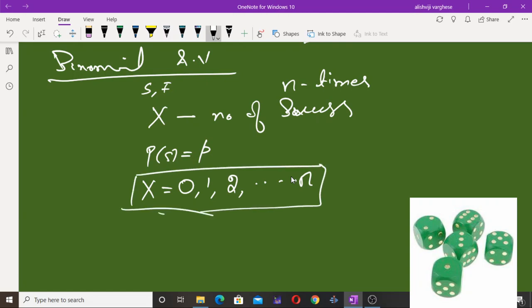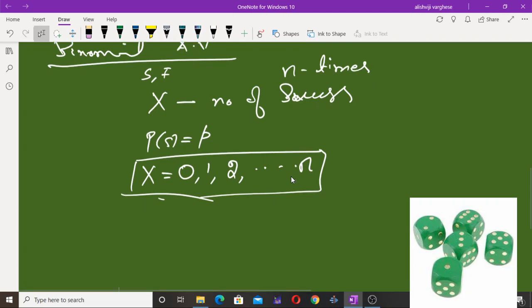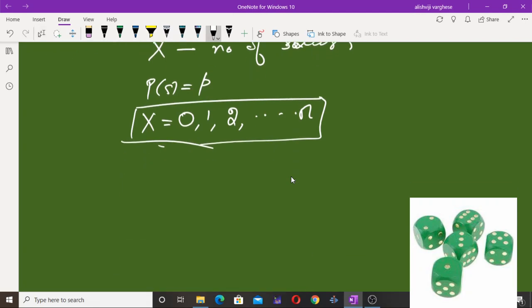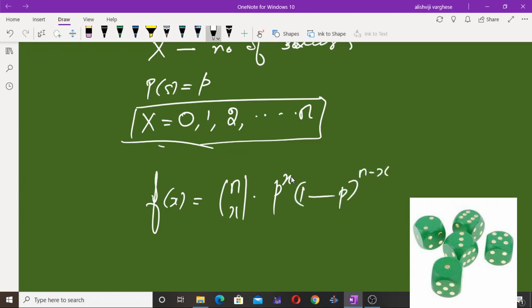Now, if you write down the probability density function of the random variable X, we can calculate it using simple mathematical tricks. Anyway, I just give the probability density function, and that probability density function is nCx p raised x, 1 minus p raised n minus x, and this x can take values 0, 1, 2, 3 up to n.